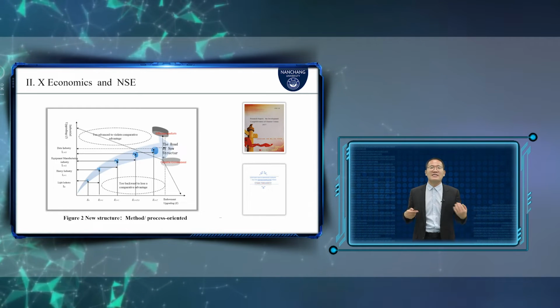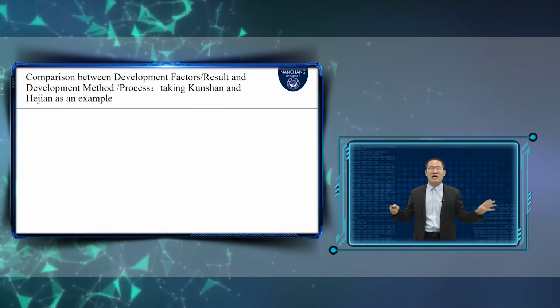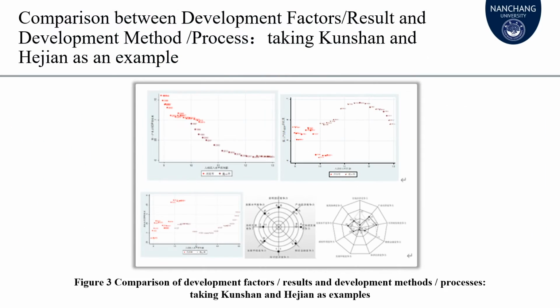We'll take China County Level Comprehensive Competitiveness Evaluation Index to do further illustration. In Figure 3, taking Kunshan of Jiangsu Province and Hejian of Hebei Province as examples and using the mainstream X-theory paradigm, in 2006 and 2010, according to the standard of the most developed counties, among the 200 sample county economies, Kunshan ranked first and Hejian ranked 189.